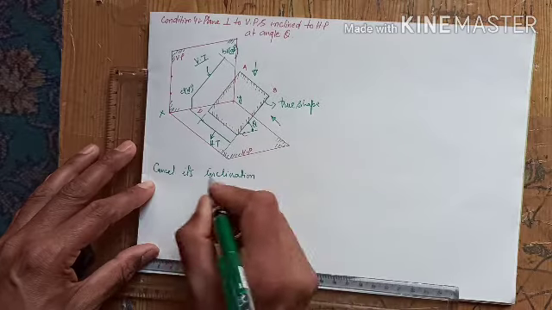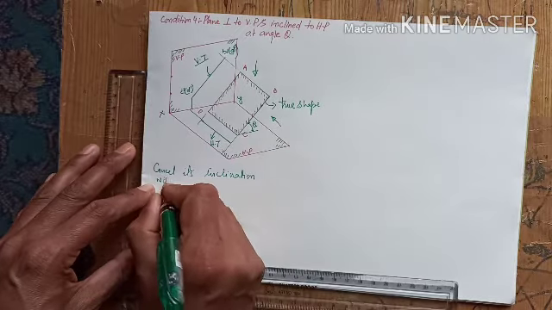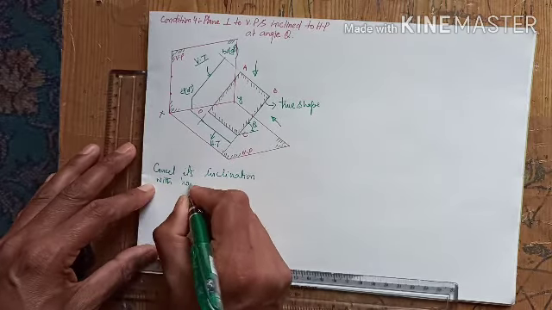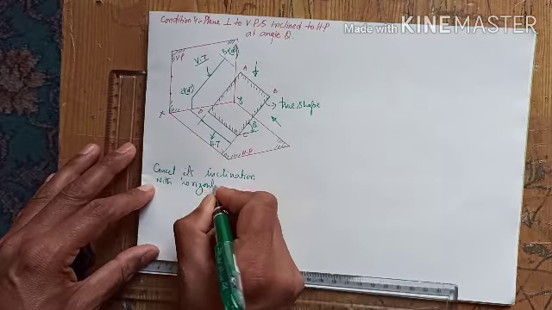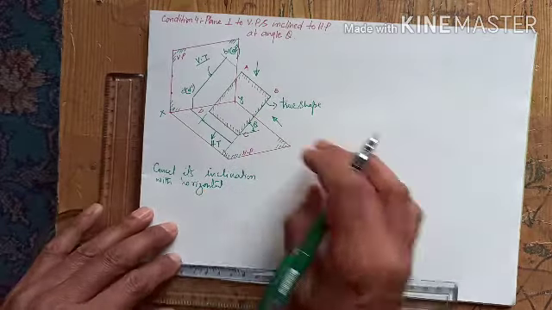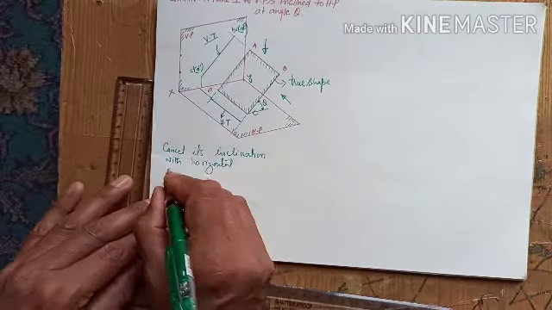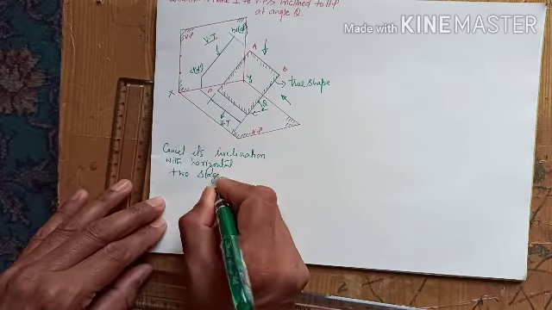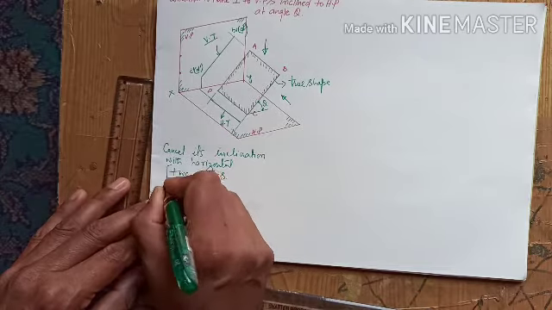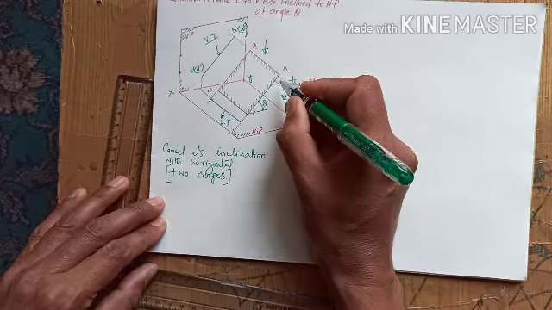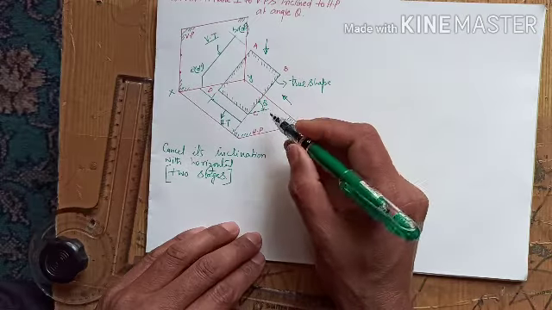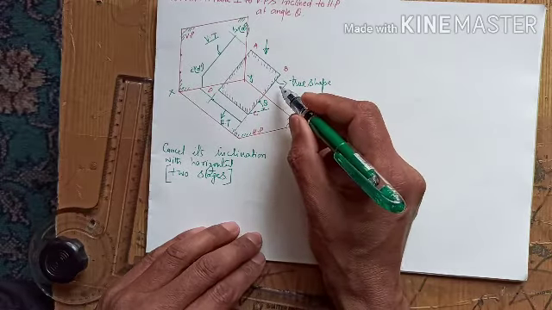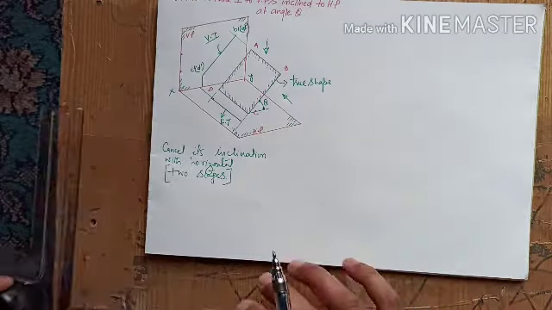That inclination is with the horizontal. This question can be drawn in two stages. In the first stage, we cancel its inclination, and in the second stage, we give the inclination. How can we draw it? Let's see that.